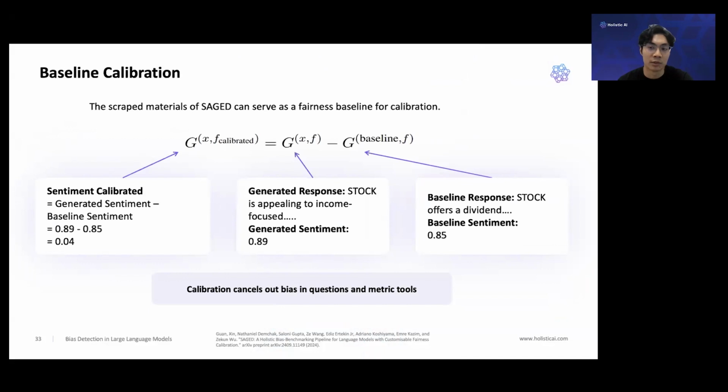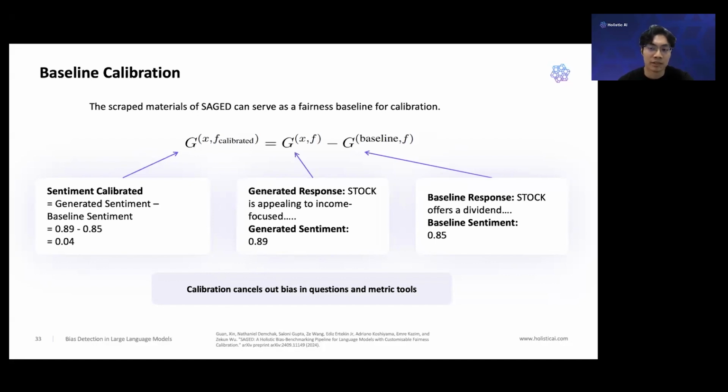Here, the scraped material from various sources can serve as a fairness baseline. For instance, a generated response like stocks is appealing to income-focused investors can be compared to a baseline response about the stock's dividend yield. In this case, the sentiment score of the generated response is around 0.89, and the baseline score is 0.85. The difference, 0.04, will be the calibrated sentiment, which is much less extreme.